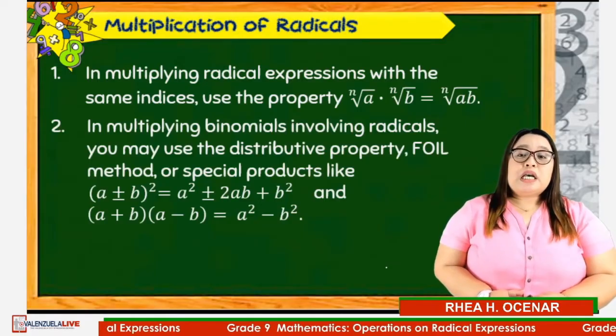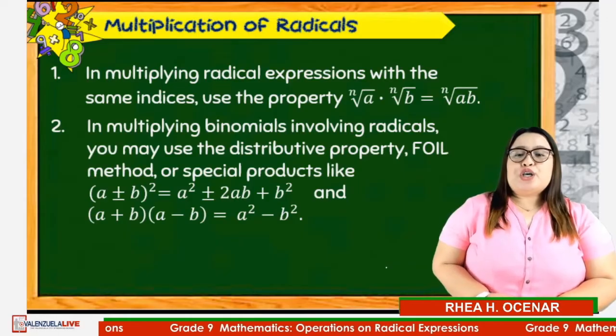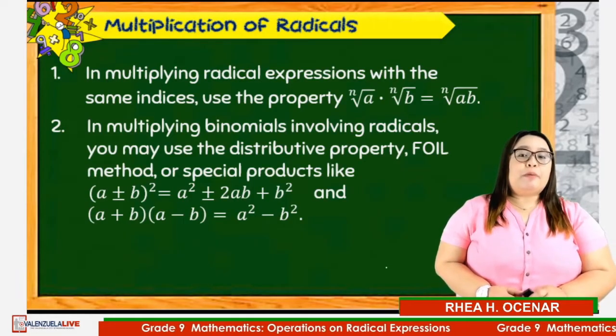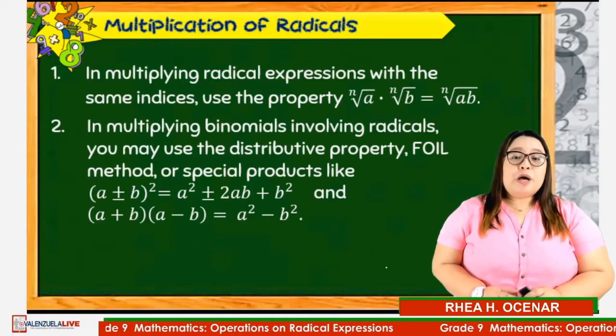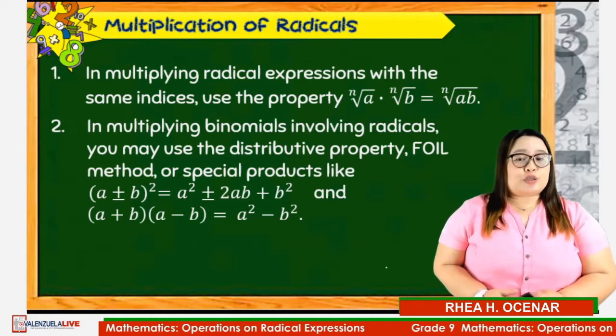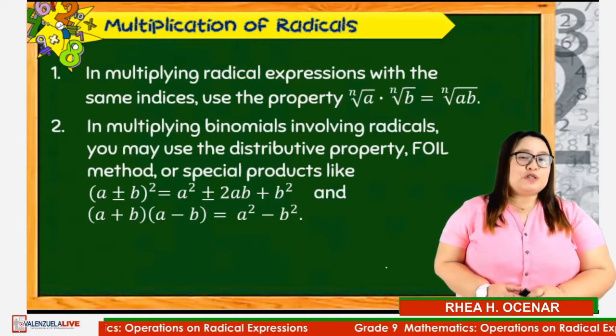Number 2, in multiplying binomials involving radicals, you may use the distributive property, FOIL method, or special products like square of binomials and difference of 2 squares.